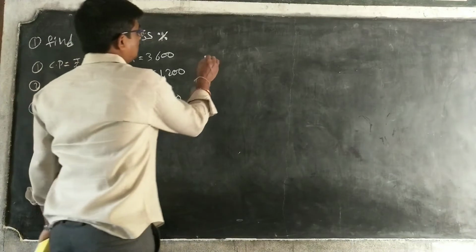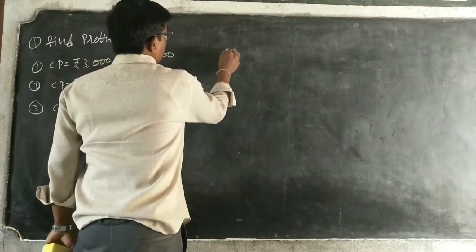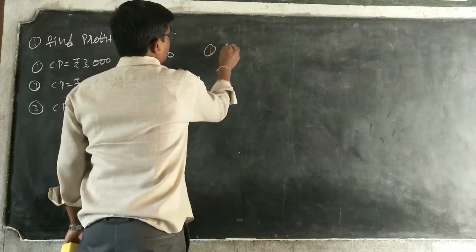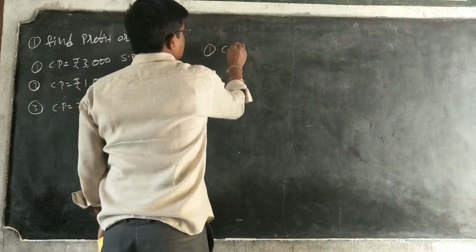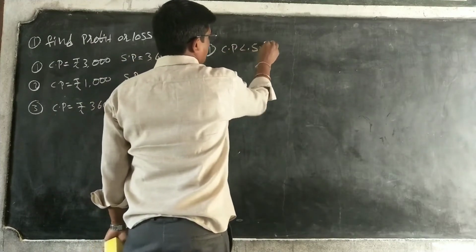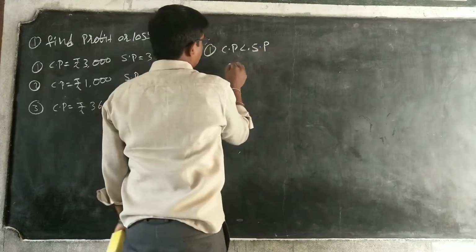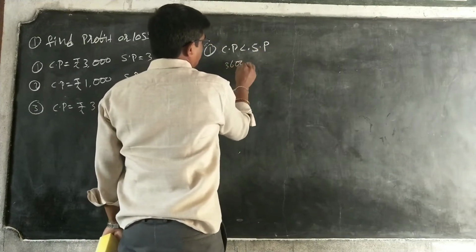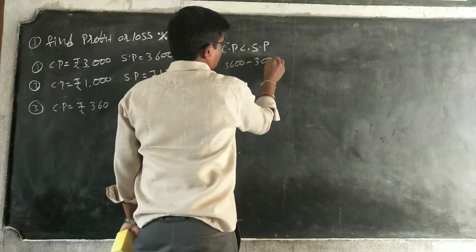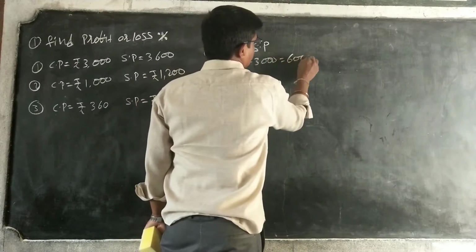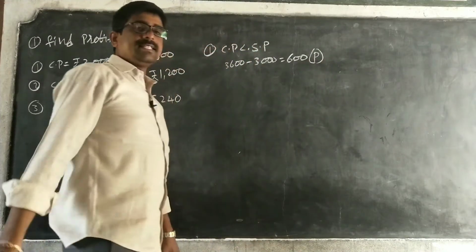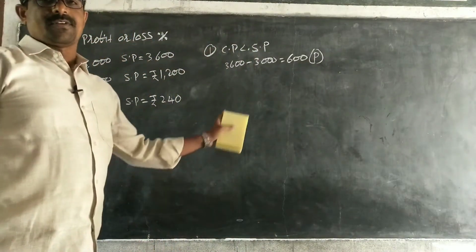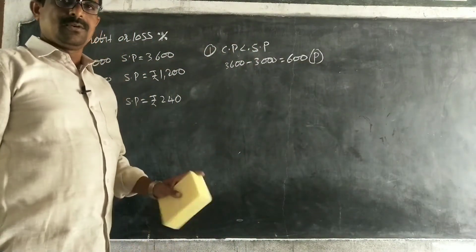So first problem. Cost price is smaller than selling price. That is equal to 3600 minus 3000, that is equal to 600 rupees is the profit.